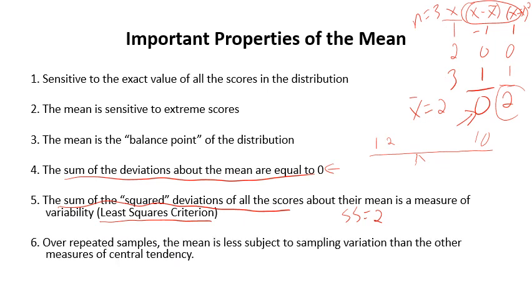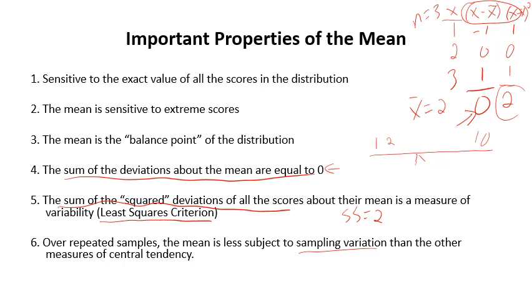Last thing is over repeated samples. If I collect a group of 10, then a group of 10, then a group of 10, the mean is less subject to sampling variation than other measures of central tendency. What I mean is you're going to get less variability in your mean over multiple samples than you would with your median.